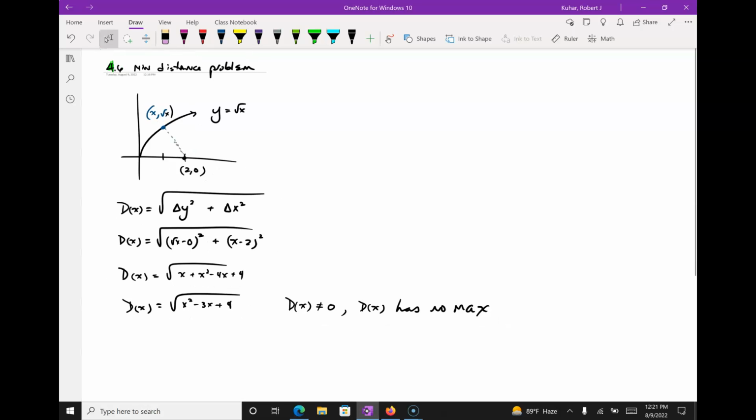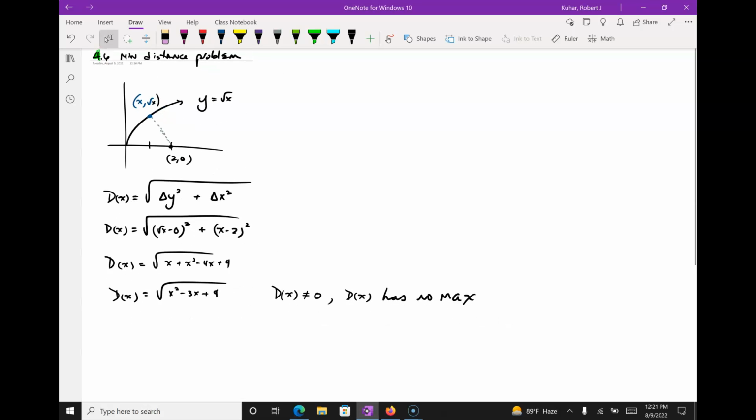So what was next on our list, now that we have our function in one variable? Say it again. Exactly. It's the distance from that point to anywhere on the curve. Exactly, the min distance.